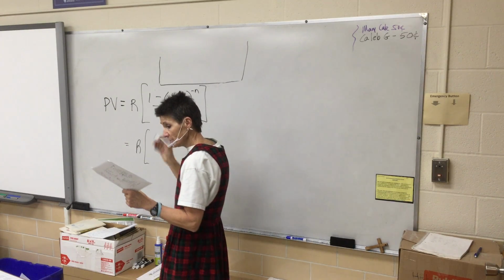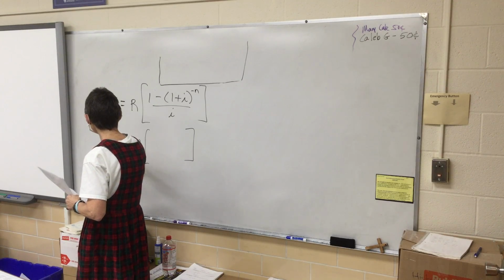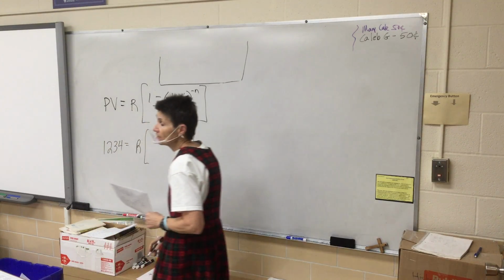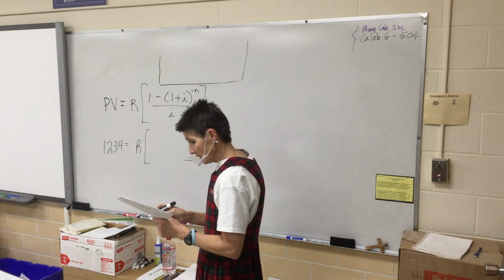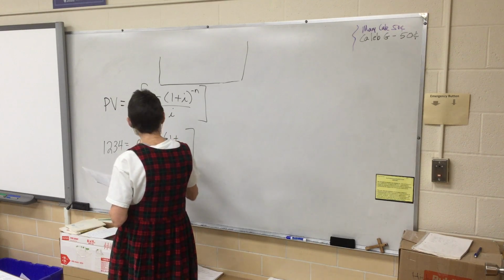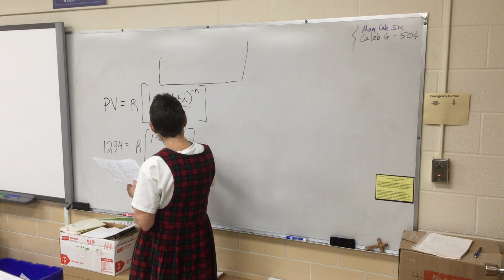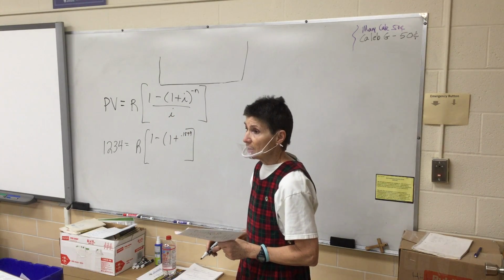I charge $1,234, so that's the present value of my loan. That's what I owe. The interest rate is 0.1899, and if you've ever looked at a credit card statement, that's about right.